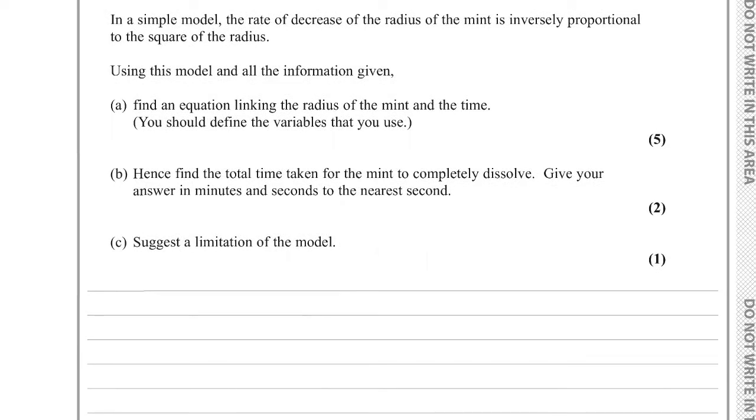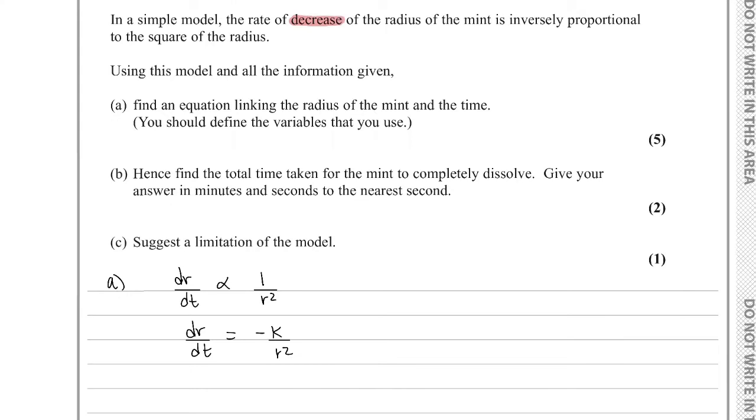Now, the rate of decrease dr dt is inversely proportional to the square of the radius, so 1 over r squared. So we go from a proportionality to an equation by introducing the constant of proportionality. It's minus k over r squared. The negative sign indicates the decrease.